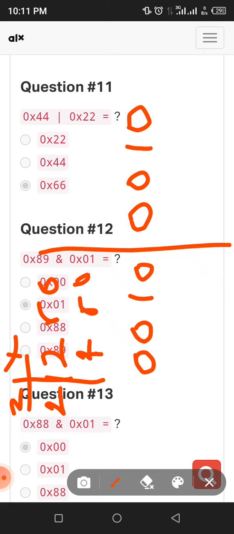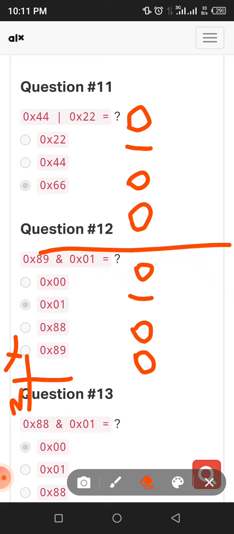Okay, so 1, 0, 0. Let's go ahead and calculate that right away. I'm going to cross this up here because this is where our final answer is going to be displayed.